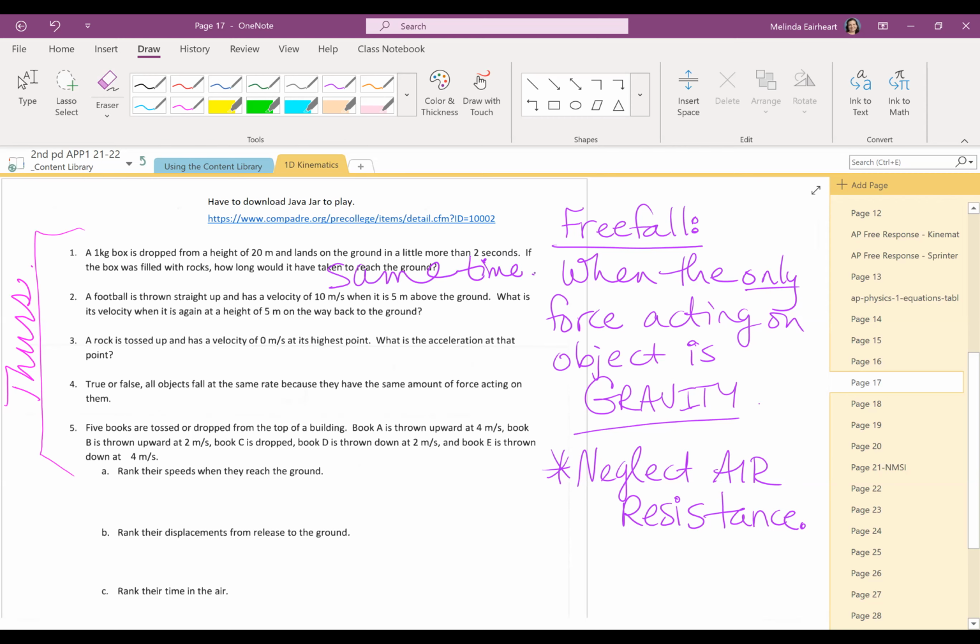2, a football is thrown straight up and has a velocity of 10 meters per second when it's 5 meters above the ground. What is the velocity when it is again at a height of 5 meters on the way back down? So think back to that simulation. What's the velocity when it's on the way back down?